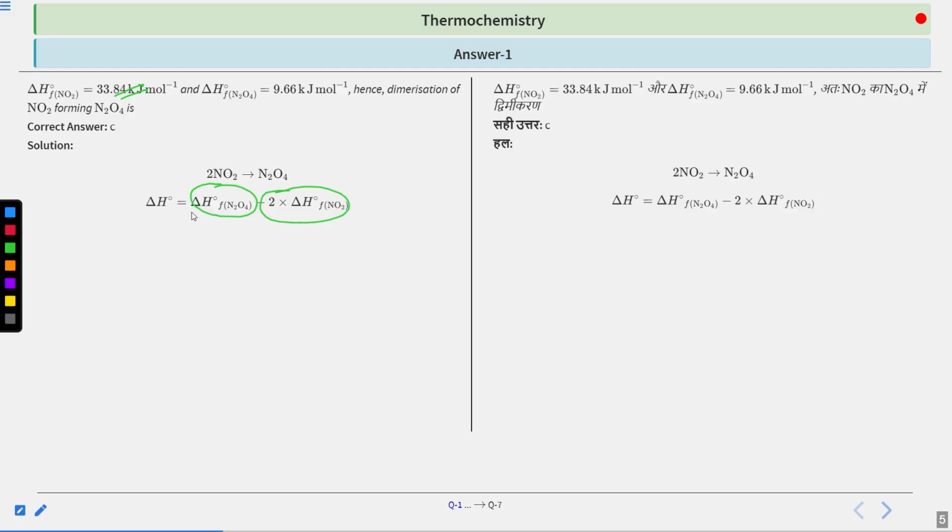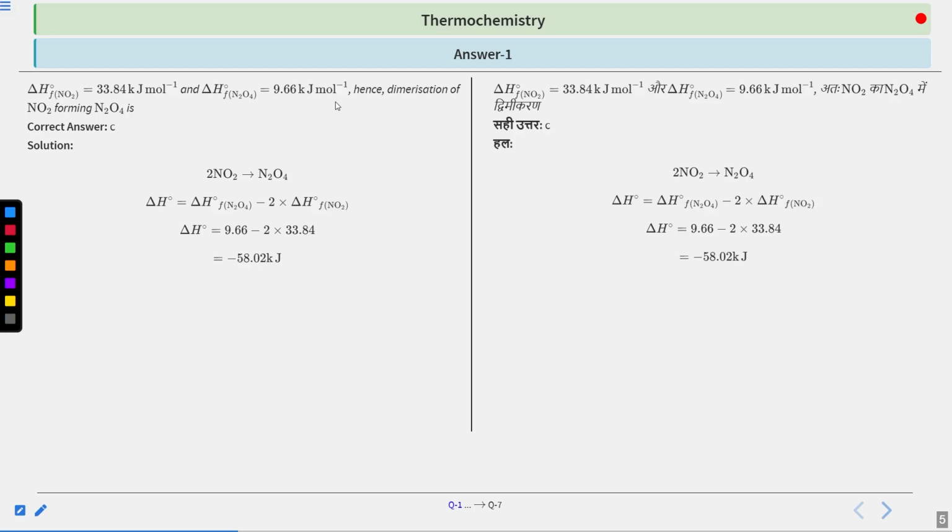So delta H naught, the standard enthalpy of formation of N2O4 minus 2 multiplied by the standard enthalpy of formation of NO2. So keeping the values, 9.66 minus 2 into 33.84. Now remember that all of these are in kilojoule per mole, so the value will also come for the reaction as kilojoule per mole. So that is equal to minus 58.02 kilojoule.